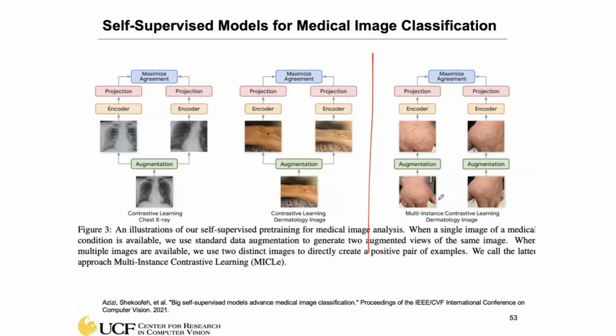So in this case, you don't have to do data augmentation to generate two copies. The dataset already provides this multi-view image. So you can directly use two of them as the positive pair, right? And go through this contrastive learning approach to maximize agreement. So that's what they are referring to as multiple instance contrastive learning, just leveraging some of the characteristics of the medical image data, okay?